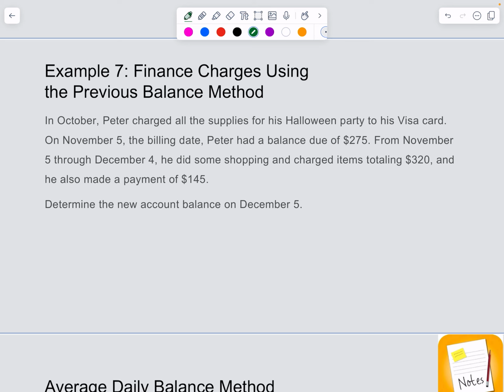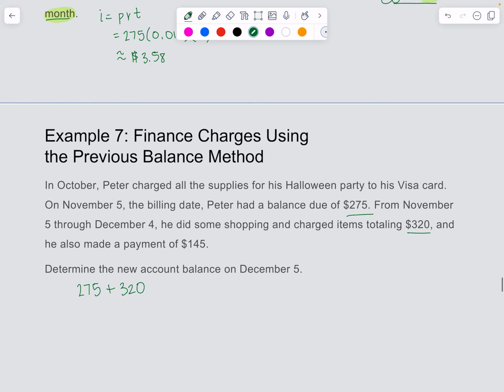So we had 275. We'll start there. Then what happened? He did some shopping, charged $320. So new charge of $320. Then we got charged some interest. What was our interest? $3.58 for that month.